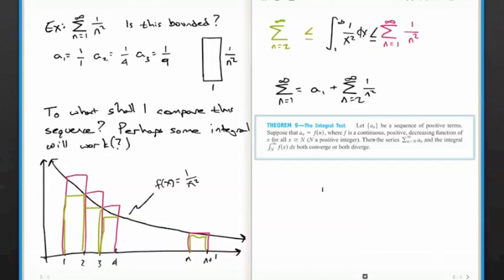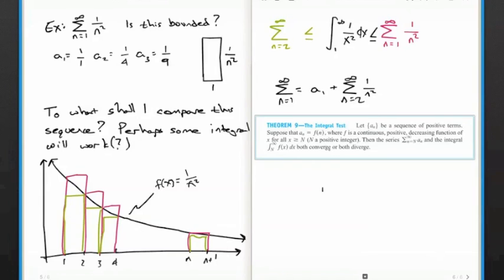Those are all really important. It's got to be continuous, no jumps or holes or gaps or asymptotes. Positive, they've each got to be positive, so my terms are always getting bigger, my sums are always getting bigger. And decreasing, so that it's getting bigger by less and less every time. Function of x for all x greater than n. Then the series and the integral both converge or both diverge.